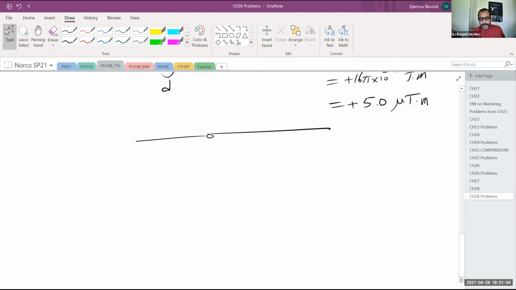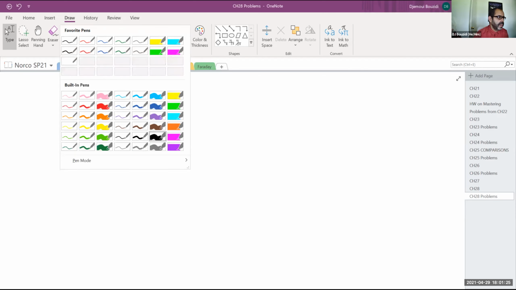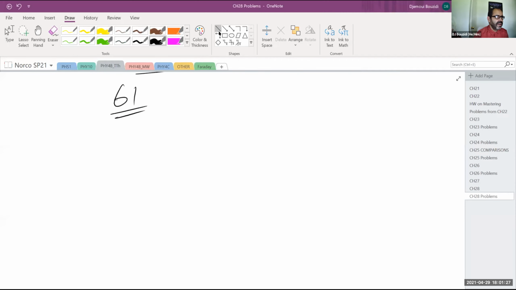So again, we're going to do problem 61. So the first step in here is to read the problem and pull the information that we have from it. It's a good idea always to draw the actual shape that was given to you. So what I have in here, I have 2 big wires. So let me pull a thick pen in here, the thickest I can have.